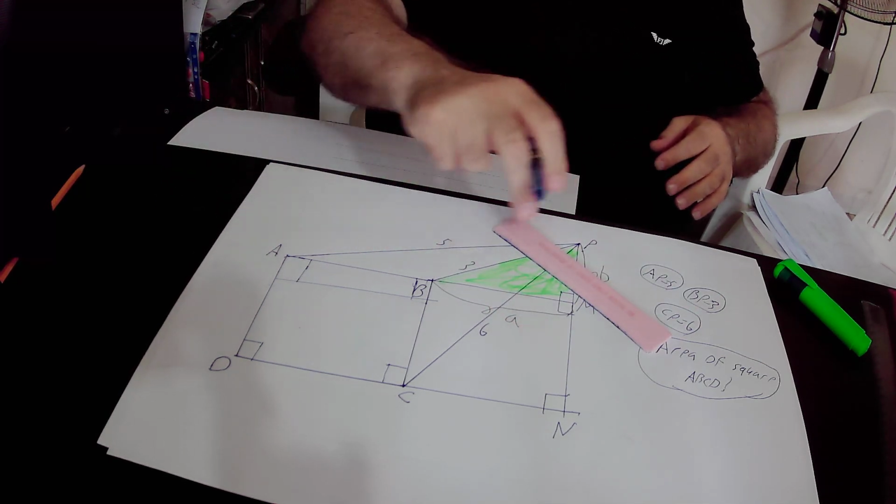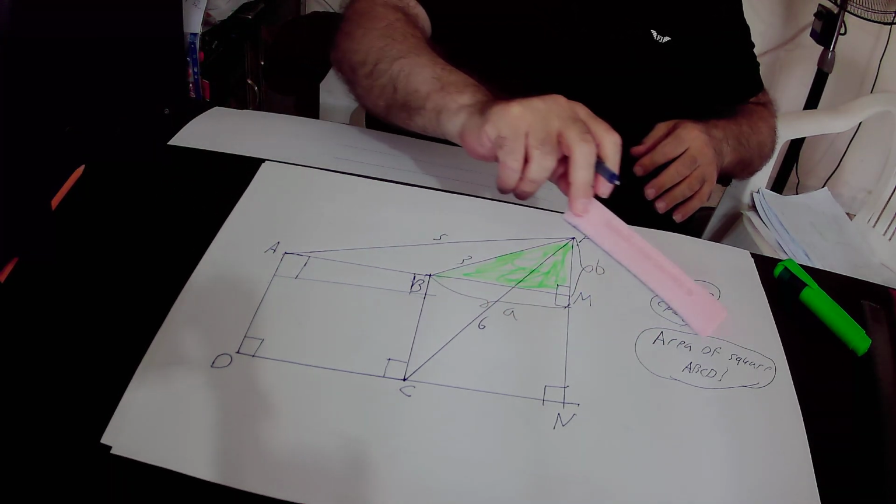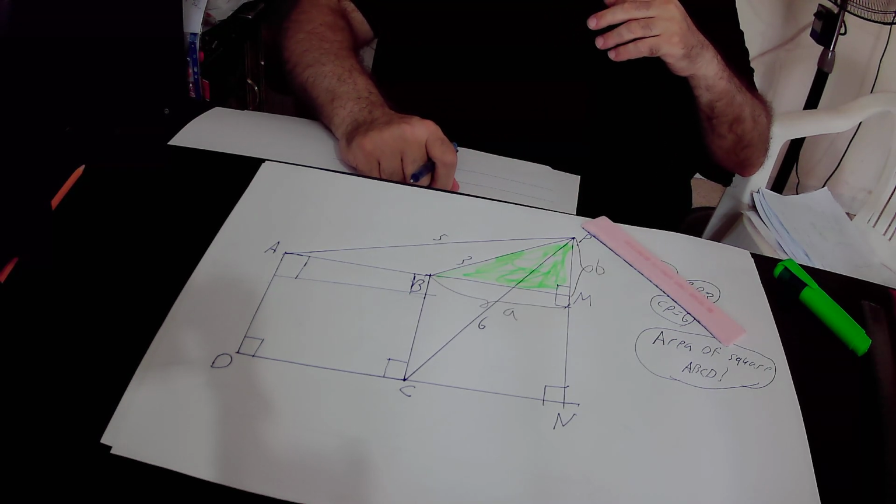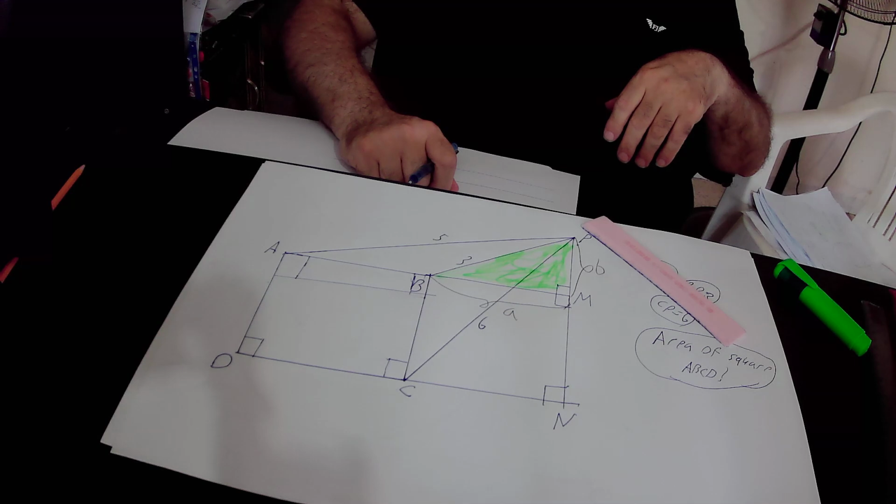Okay, so we have 4 right angles, and DC as a side of a square is absolutely a straight line.